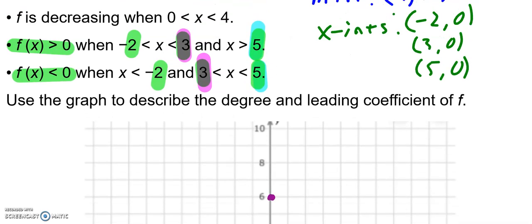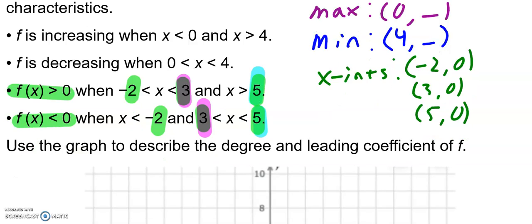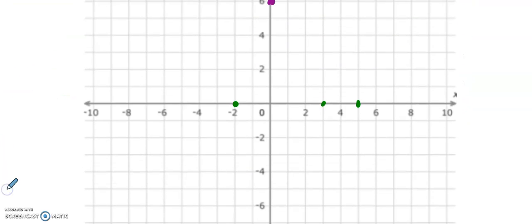And then I know that when x is 4, there has to be a minimum, and when x is 4, the graph has to be below the x-axis. So similar to what I just did with the maximum, when x is 4, I'm going to just put a point below the x-axis, and I'm going to say that that's a minimum.